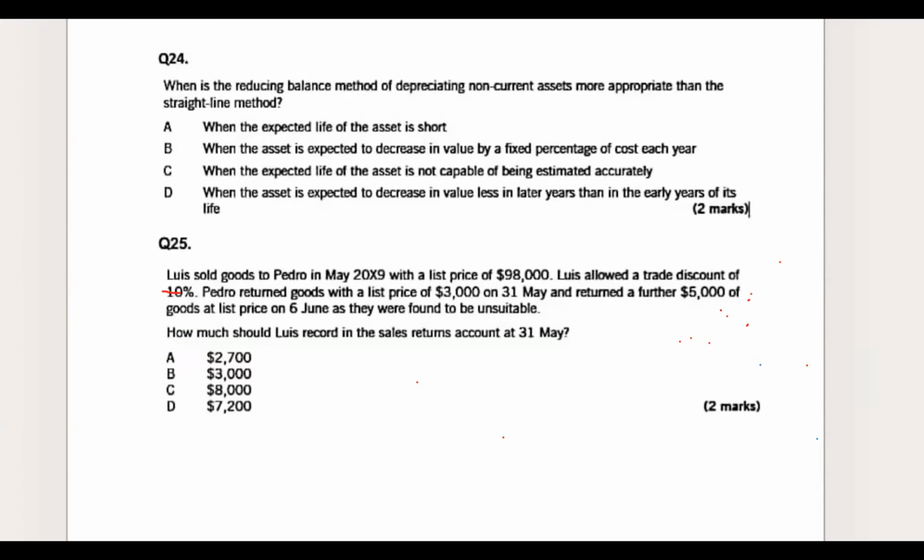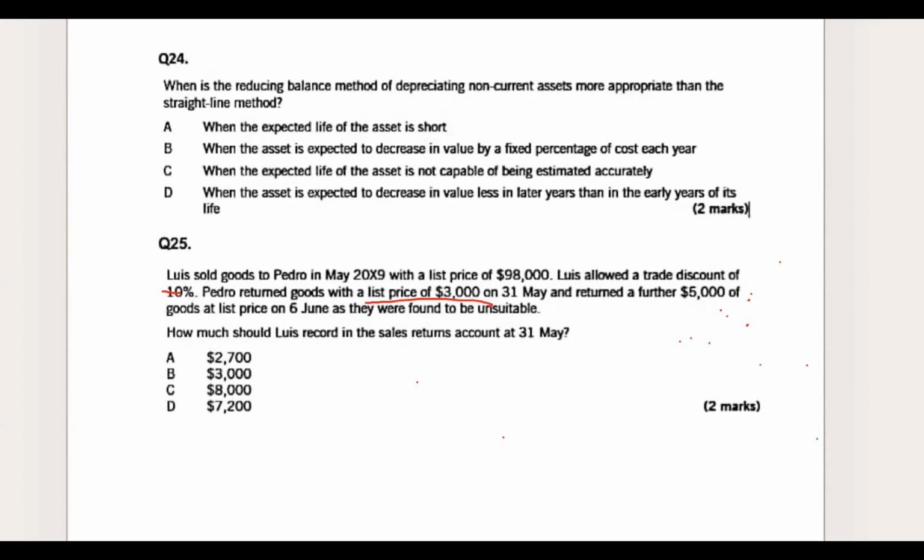So Pedro returned the goods with a list price of that. What the person is returning is a good that has got a list price. Now what does it mean? Since 3,000 is a list price, it is not inclusive of the discount.